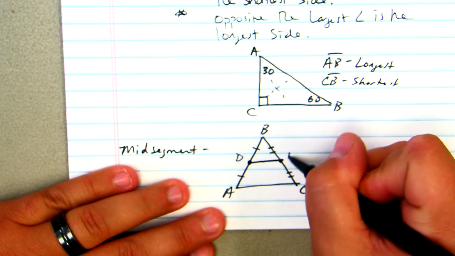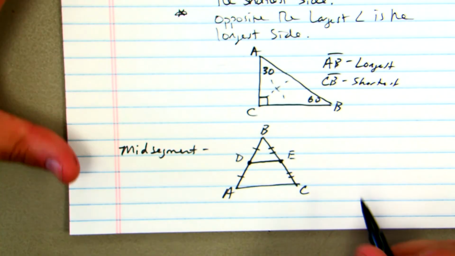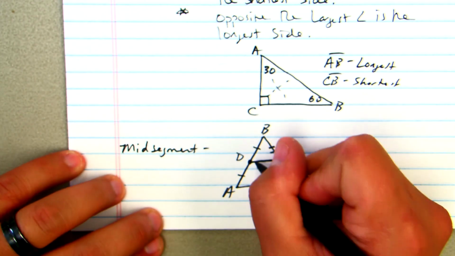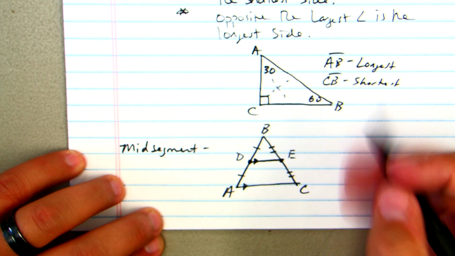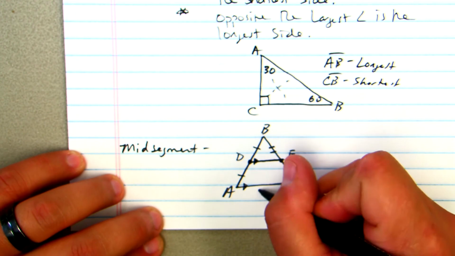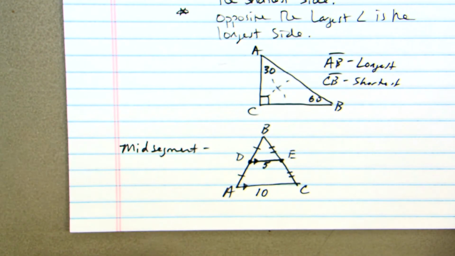This would be DE. DE is the mid-segment of that triangle. Therefore, the mid-segment is 1/2 the length of the side that it is parallel to. So mid-segments are parallel to the opposite side and they are 1/2 the length. So if the length of this were 10, then the length of the mid-segment would be 5. The converse would say if the mid-segment was 8, then the side opposite it that it's parallel to would be 16. So mid-segment's pretty easy to find.